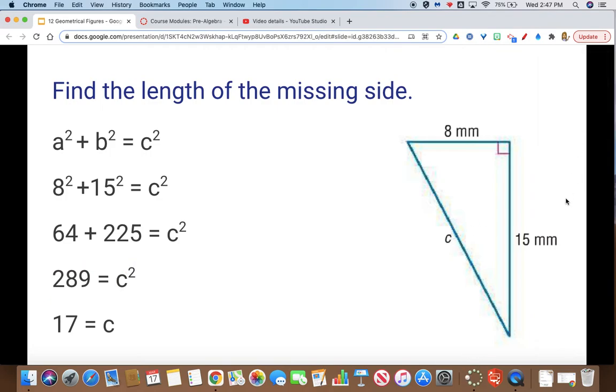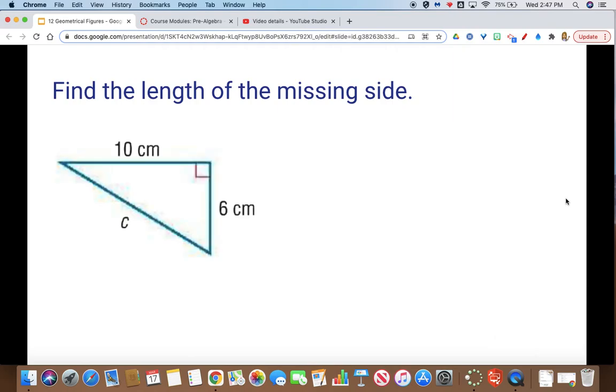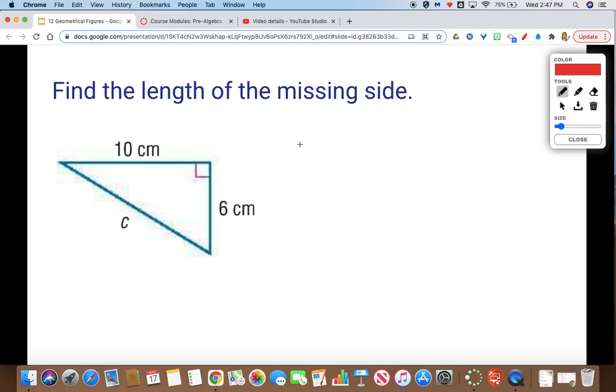Let's look at another example. We have 10 centimeters, 6 centimeters, and c. Our formula we're going to use is a squared plus b squared equals c squared. Now, do we have our a's, b's, or c's?